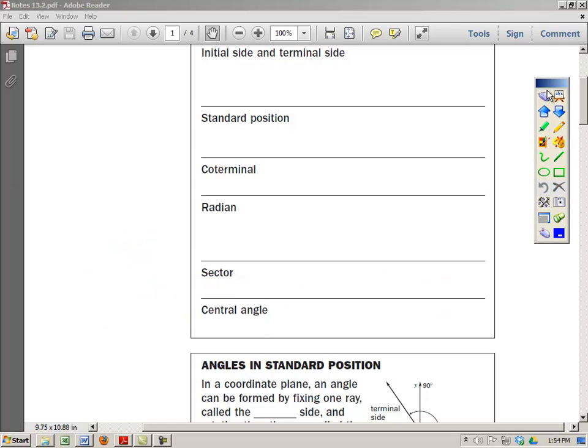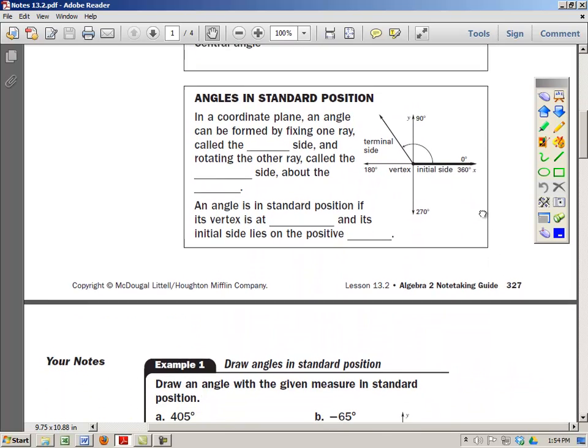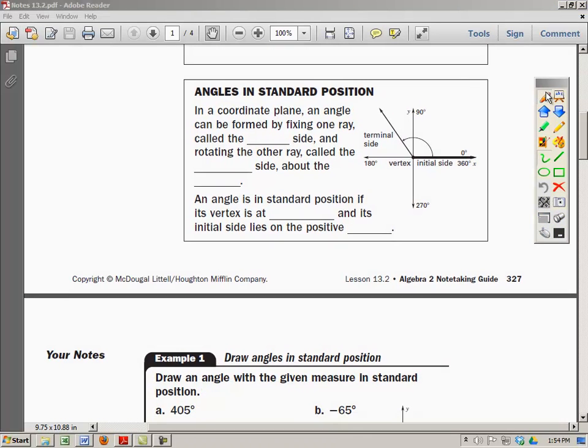First of all, an angle in standard position: in a coordinate plane, an angle can be formed by fixing one ray, and that first ray, we call the initial side. Rotating the other ray in a counterclockwise rotation, we call that the terminal side. We've already alluded to this a little bit in the first unit circle video, so this should not be anything new to you. We start with our initial side, and then we rotate some counterclockwise rotation about the origin, 0, 0.